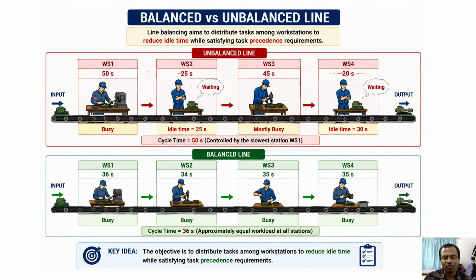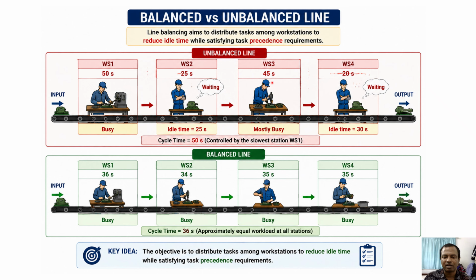While it is working on this input, the next workstation, workstation 2, is waiting for the finished product from workstation 1. So the operator in workstation 2 is waiting, and workstation 3 is mostly busy because here also the cycle time is high, that is 45 seconds.